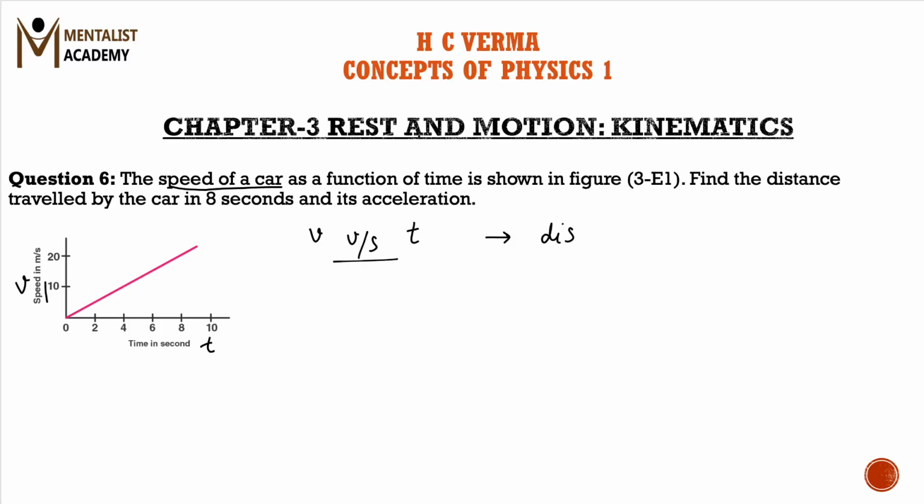In a speed versus time curve, the distance is calculated by the area under the curve, and the acceleration is equal to the slope of the curve.